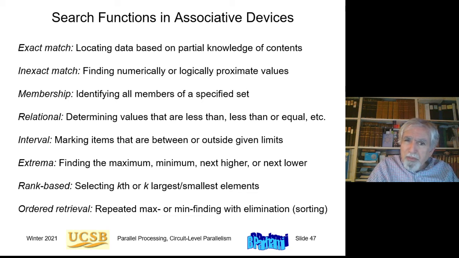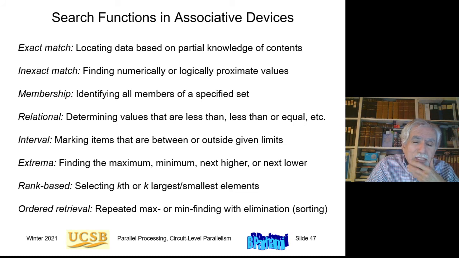Relational search: determining values that are less than or equal, etc. Interval search: marking items that are between or outside given limits. Extrema search: finding the maximum, minimum, and so on. Rank-based search: selecting the kth largest or smallest element. And finally, ordered retrieval, which is basically repeated max or min finding with elimination, which leads to sorting.